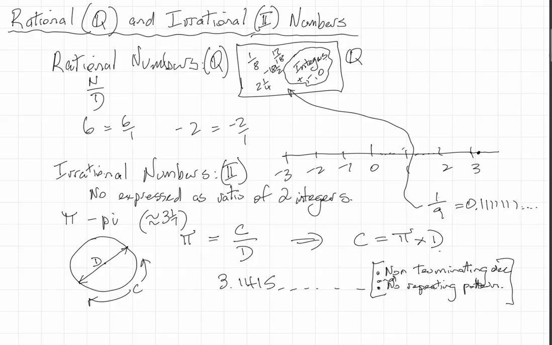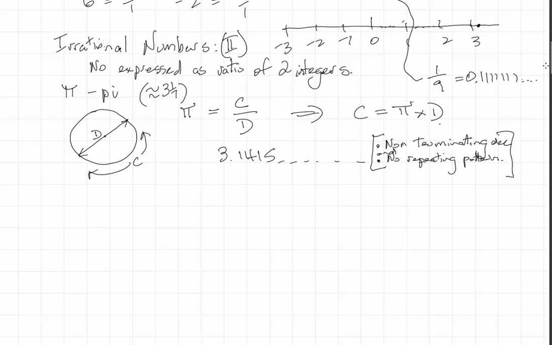Another number that we can look at, another irrational number, is the number e. Now e is the exponential number.